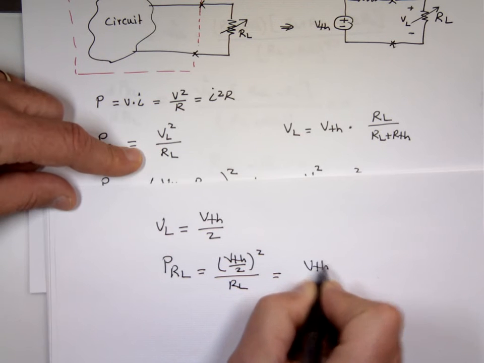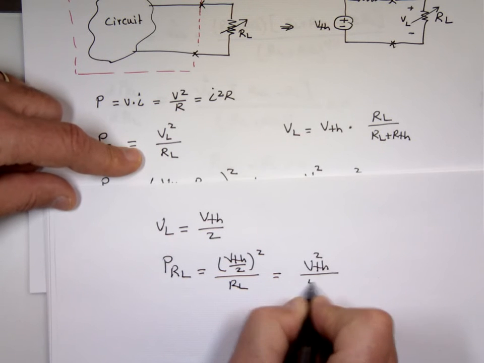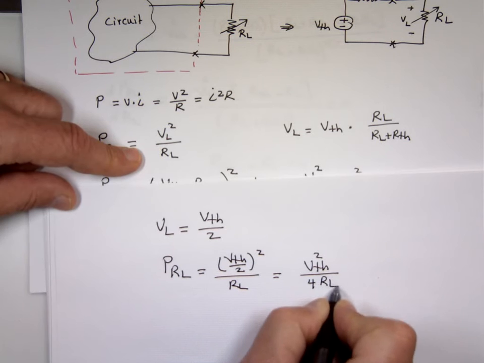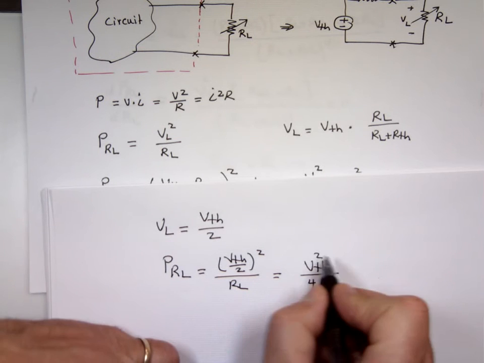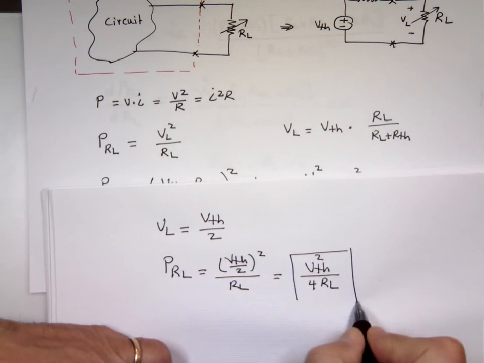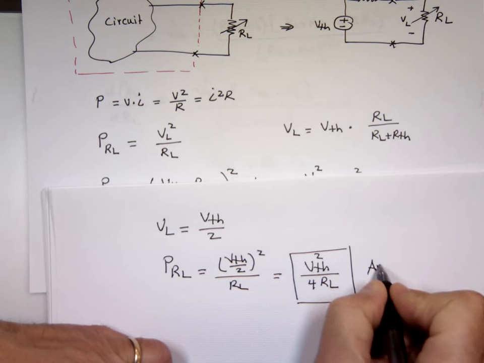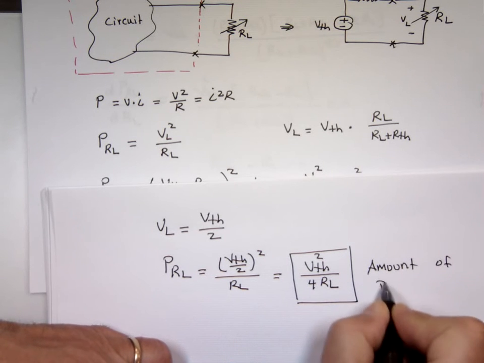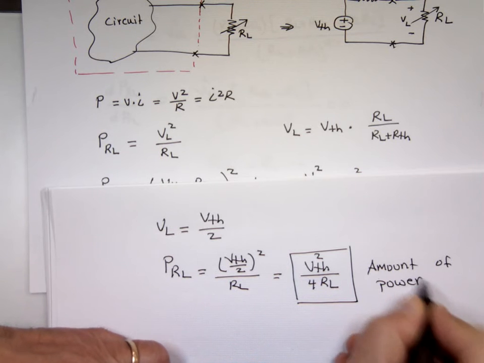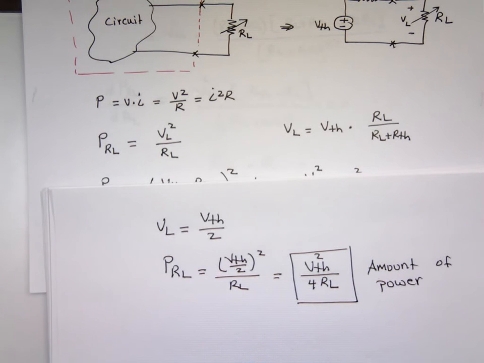V Thevenin squared over 4 times R sub L. That's how much power will be sent to the load. So the amount of power delivered to the load is going to be V Thevenin squared divided by 4 times R sub L.